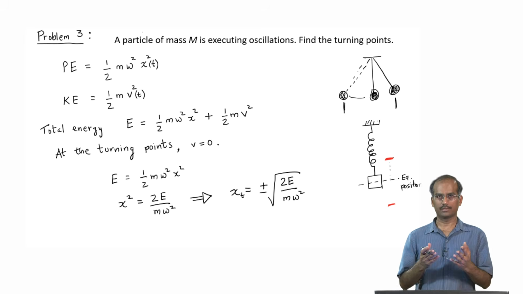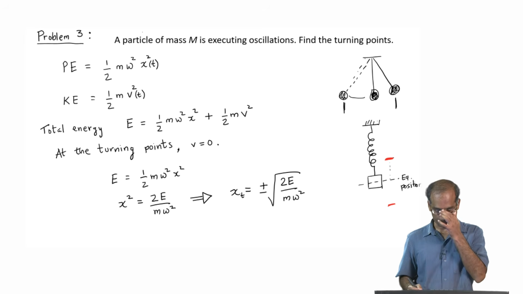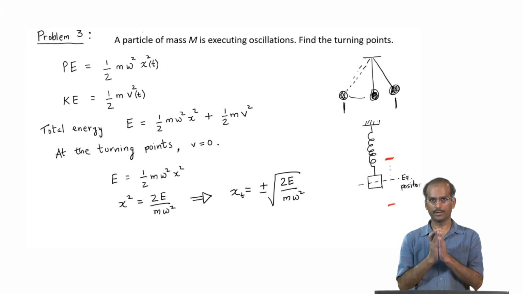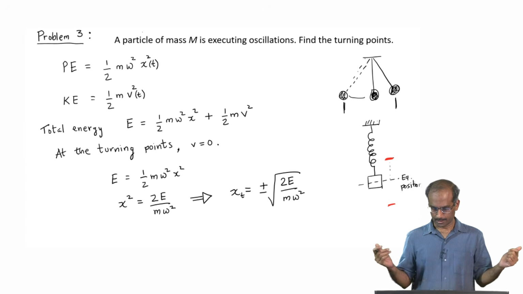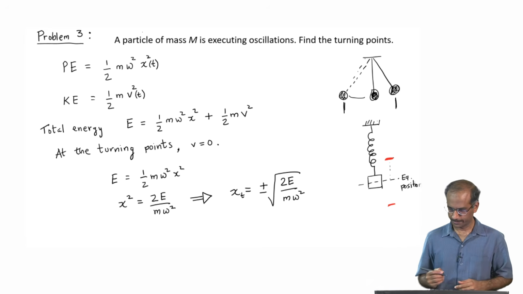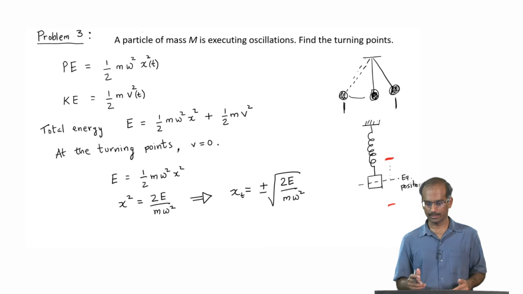As you can see, there are two turning points, plus and minus square root of 2 E by m omega square on either side of your equilibrium position. If your equilibrium position corresponds to 0 in your scale, there are two turning points, one on the positive and the other on the negative side. You should note the feature that the turning points depend on energy.